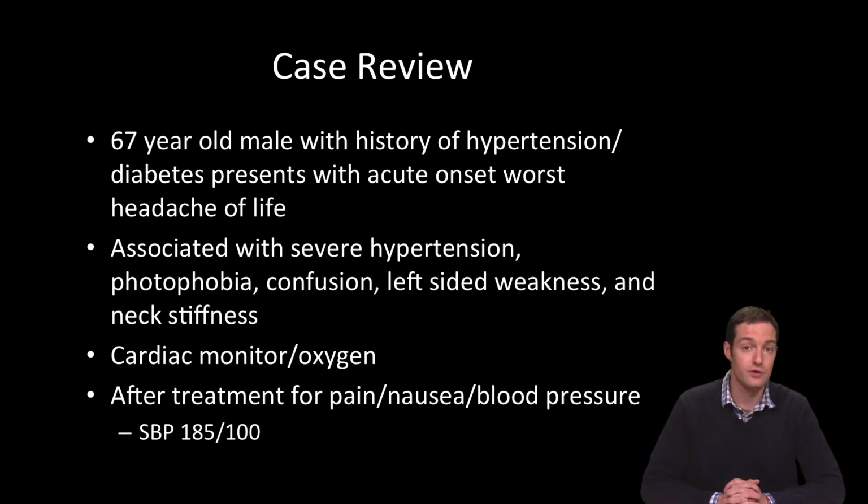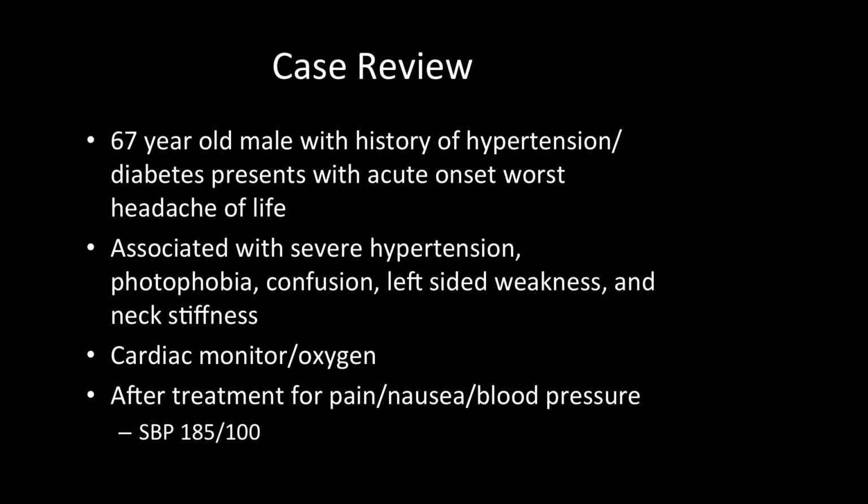We have treated the patient's pain and nausea and initiated some blood pressure control medications, and the blood pressures are now at 185/100, which was our goal. And so far, things seem to be stabilized for the moment.